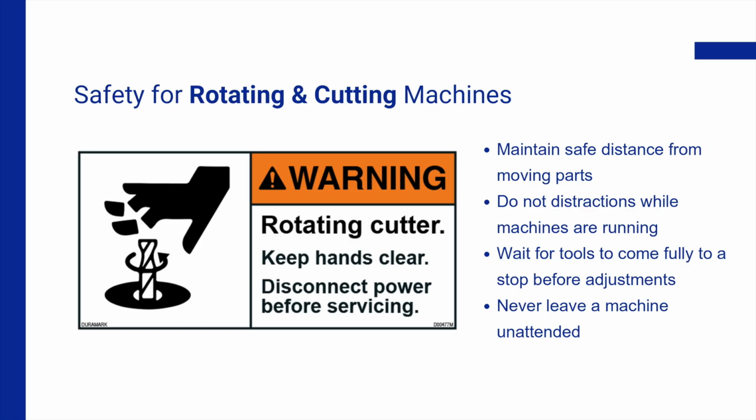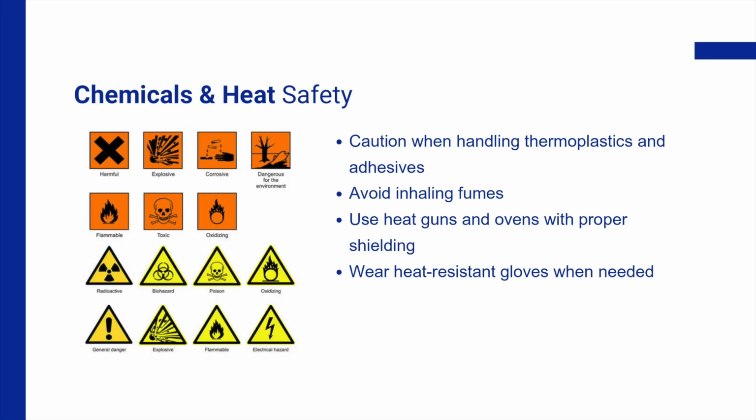For this reason, it is important to wear fitted clothing and maintain a safe distance from these moving parts. Alright. Always wait for the machine to come to a complete stop before making adjustments, changing tools, or removing the workpieces. Okay, never try to touch the chips or rotating parts while the machine is still running, because it is very dangerous.